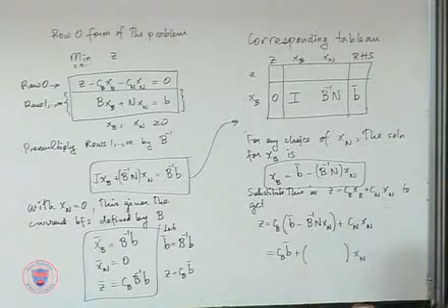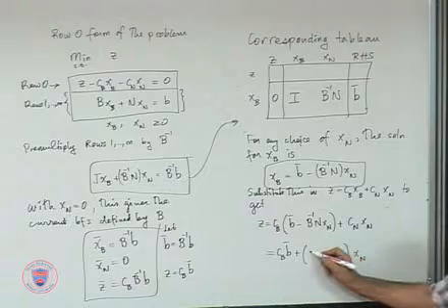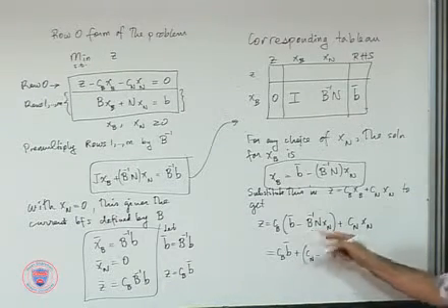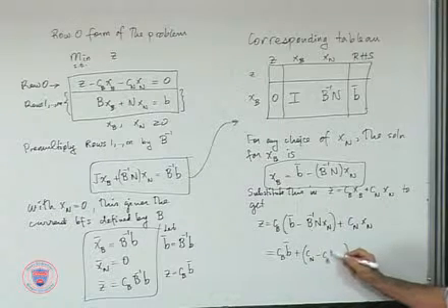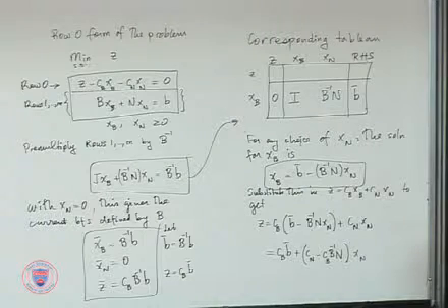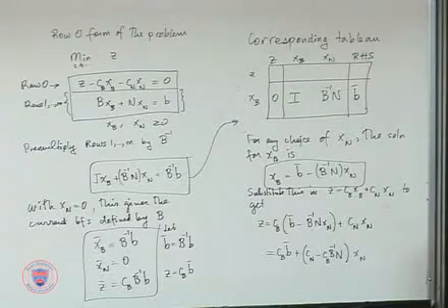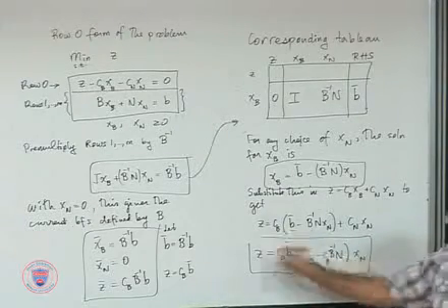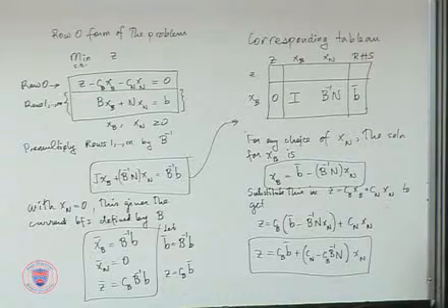Let me take this as plus. What do we have? cn minus cb B inverse n. Okay, that's what you would get.